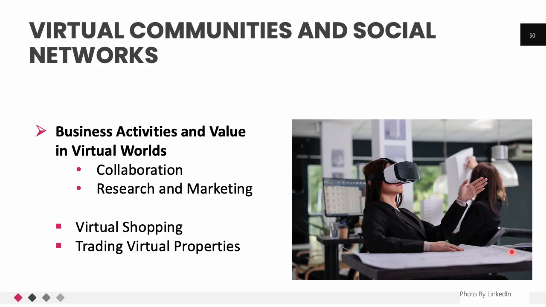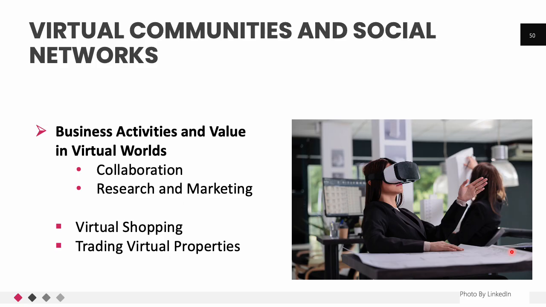Yeah, so these terms can lead to what is called virtual shopping. This is about buying and selling within the virtual world itself. It could involve buying digital goods for your avatar, like clothes, accessories, or virtual homes, or buying items for the virtual world environment, like furniture for a virtual house.